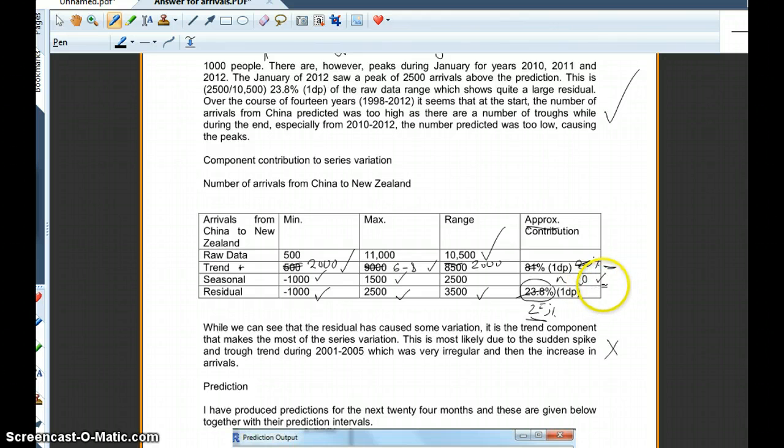So let's argue that the 20 and the 25 are approximately right. That would mean the trend component would have to be 55%, because remember, raw data must equal trend plus seasonal plus residual. So there are only 3 components and they have to add up to 100%.